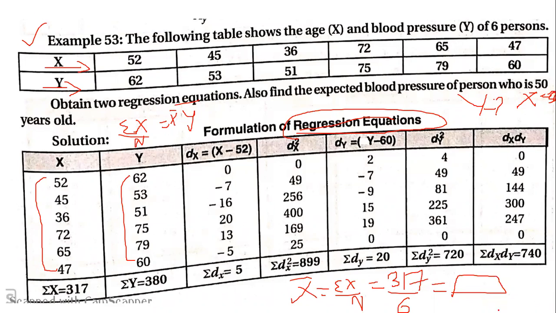Okay, one is getting 53, one is getting 52. So I'll go with the majority. 52.83. Okay, you are getting a decimal. Clearly, you are getting a decimal.